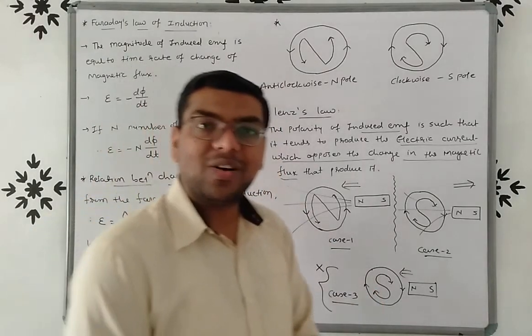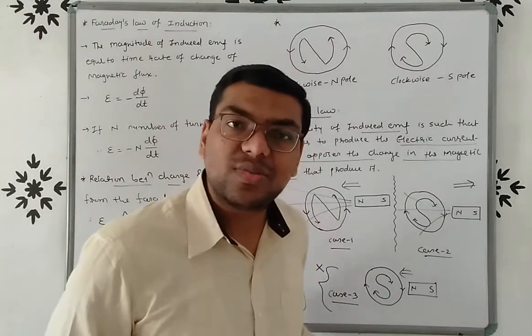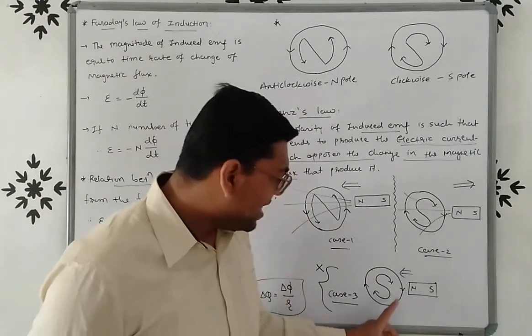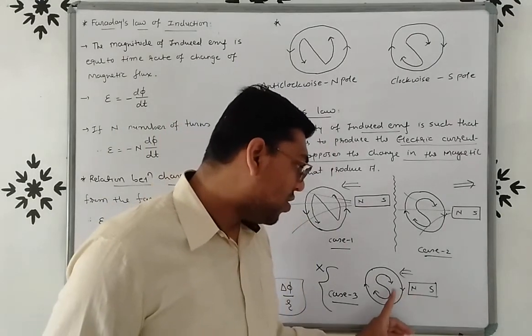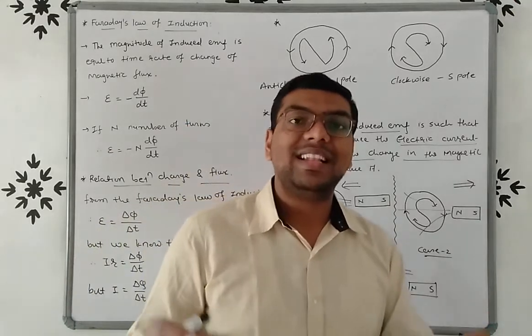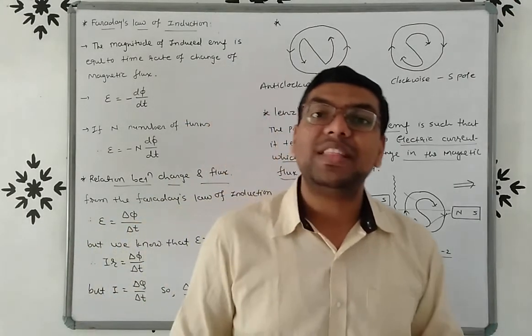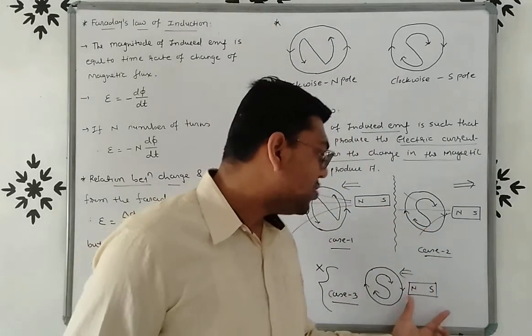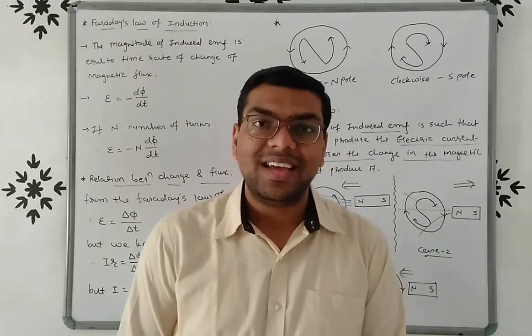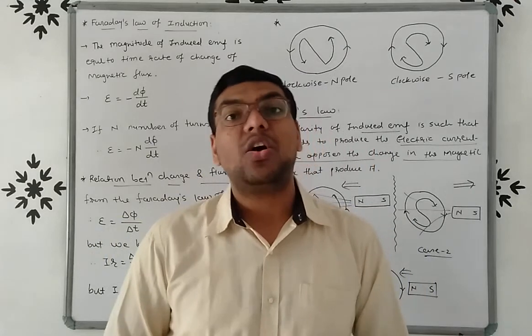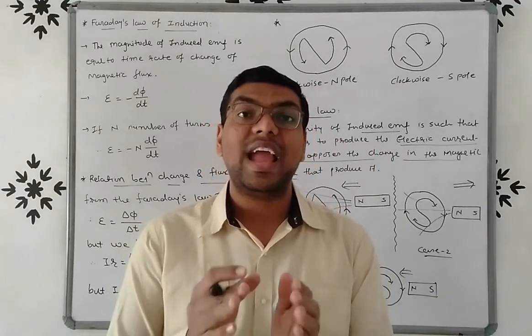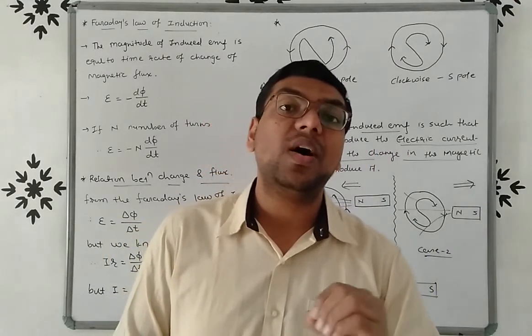Why? Because if north pole and south pole are there, then there is a force of attraction. So without any energy you get kinetic energy. But what does the law of conservation say? Energy converts from one form into another form.